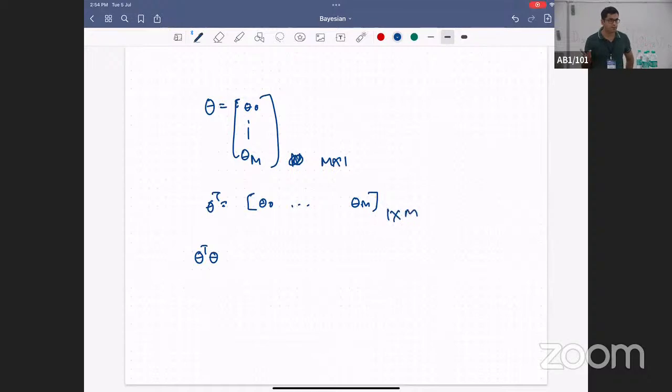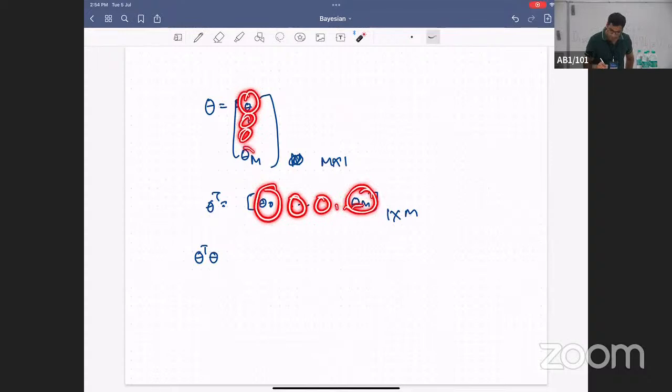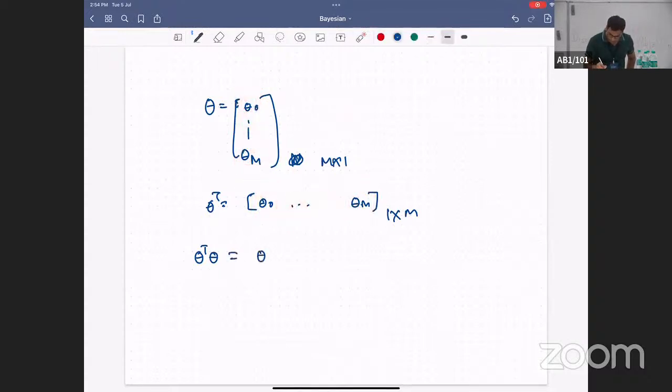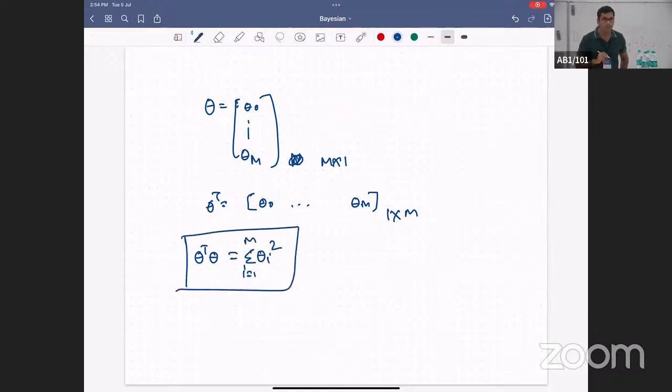You don't want a vector, you don't want a matrix. So therefore, you write theta transpose theta. That will be theta naught into theta naught plus theta 1 into theta 1 plus theta 2 into theta 2 plus theta m into theta m, right? Therefore, theta transpose theta is summation theta i squared. Does everyone follow this? Right.